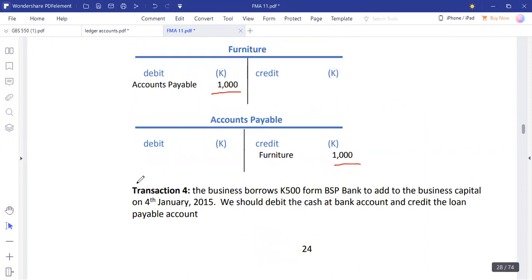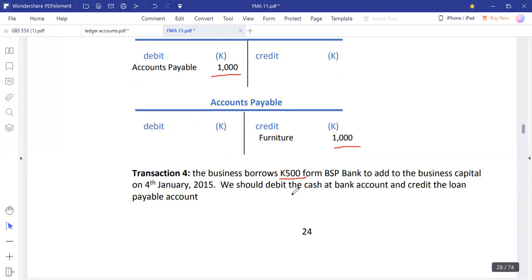Okay. Transaction number 4. We are told that our business borrowed 500 kwacha from the bank to add up to the capital. So what are we going to do? This 500 was borrowed from the bank to add up to capital.